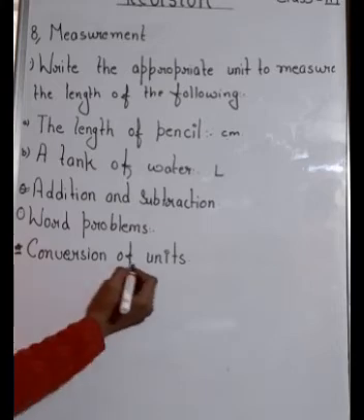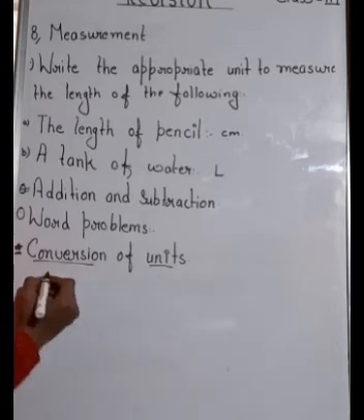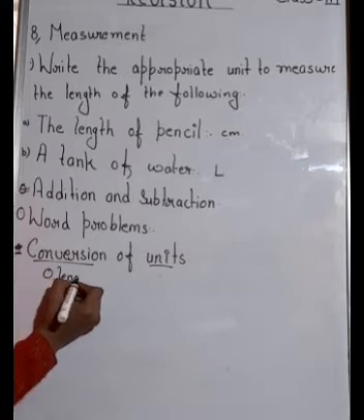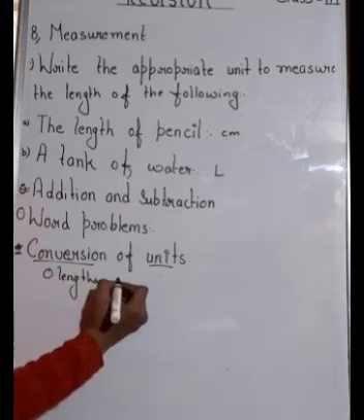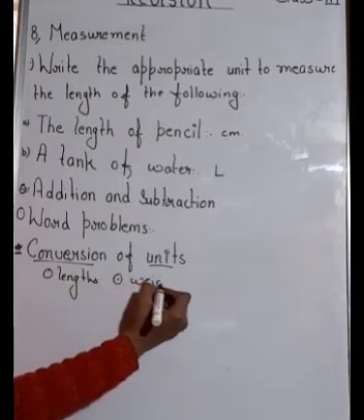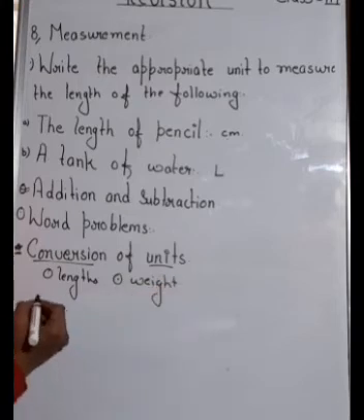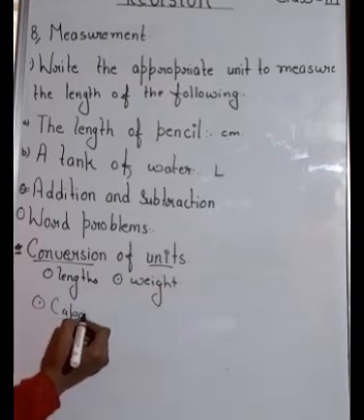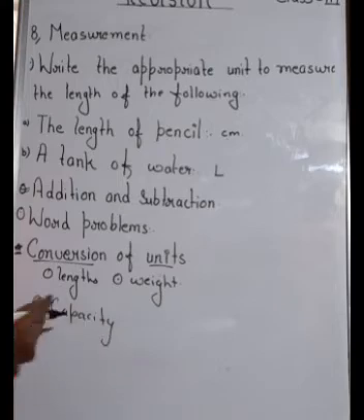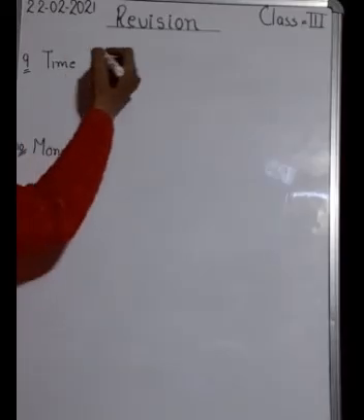This is very important, conversion of units of length. Second one is your weight and third one is your capacity. Okay, so you should learn how to convert one unit of length, weight or capacity to another unit of length, weight and capacity. Clear?